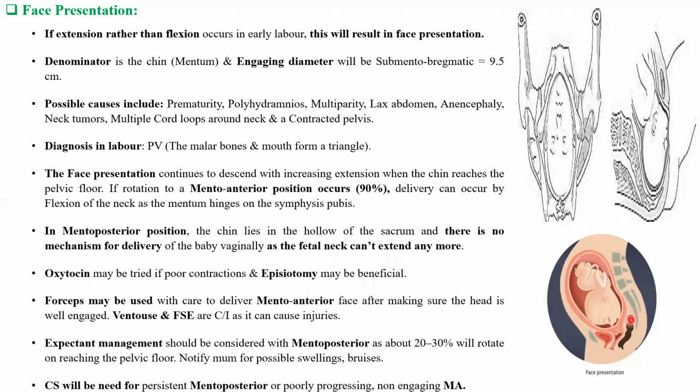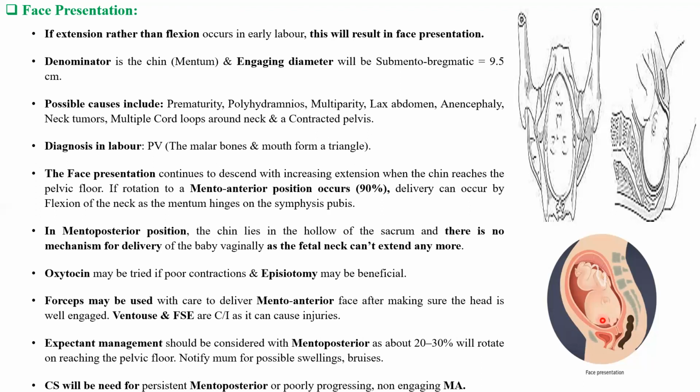It can be diagnosed by PV examination during labor. Here you will feel the area between the malar bones and the mouth, forming a triangle. So you will feel the eyes, the nose, the mouth, and the malar bones, and the malar bones with the mouth form a triangle.